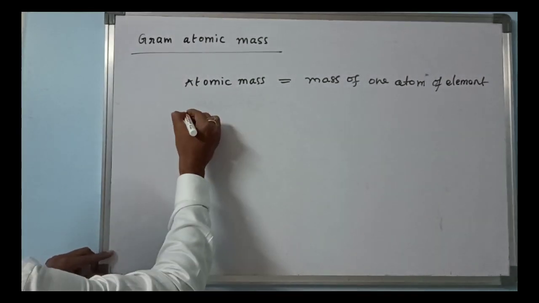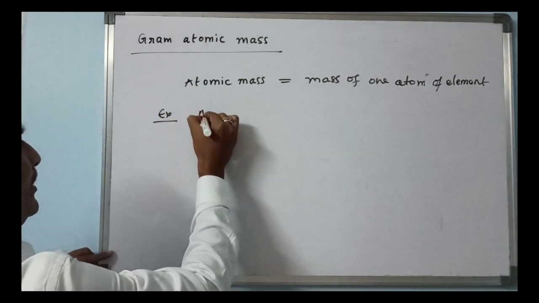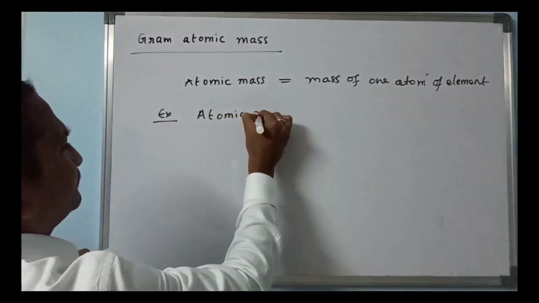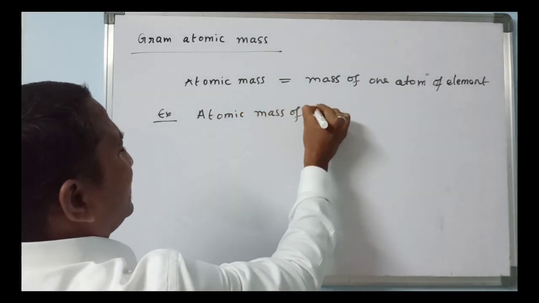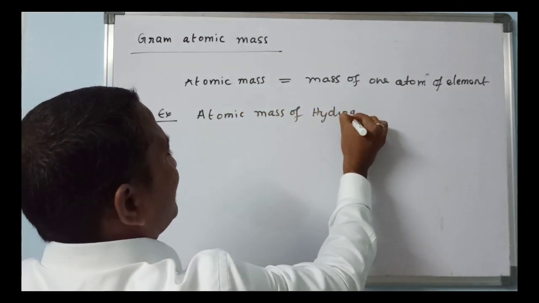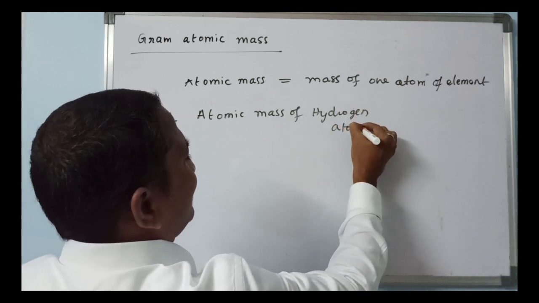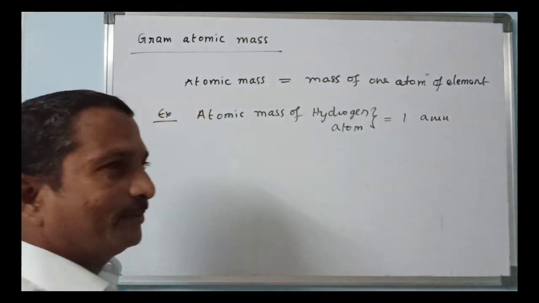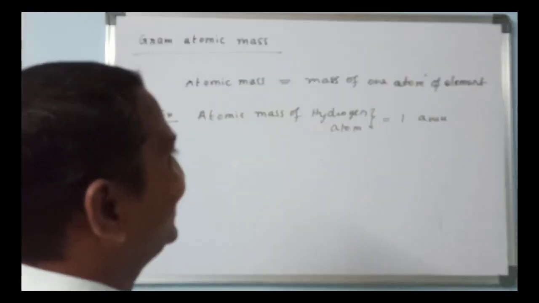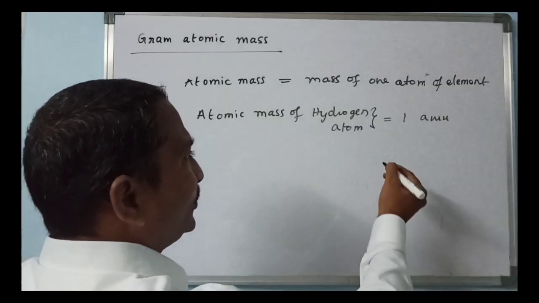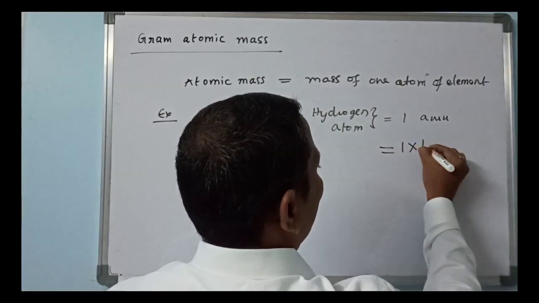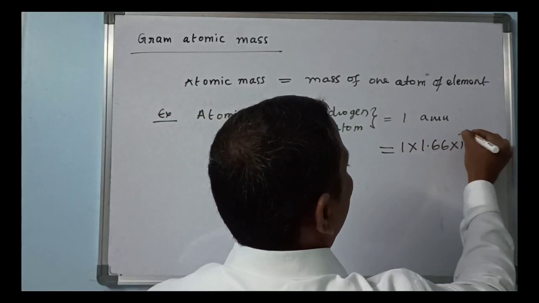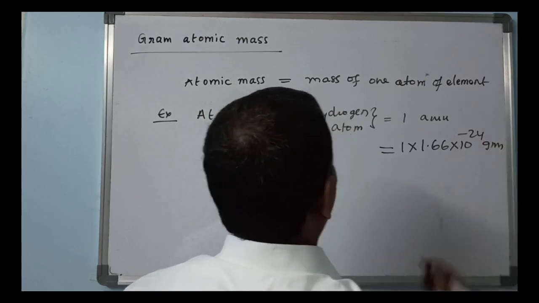For example, atomic mass of hydrogen atom is equal to 1 AMU, 1.008. Okay, 1 AMU means 1 into 1.66 into 10 power minus 24 grams.